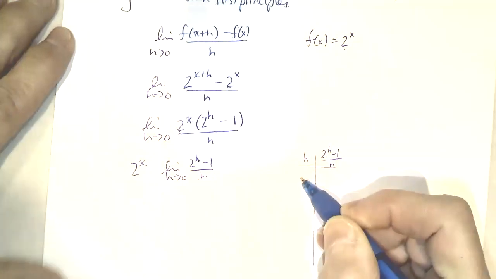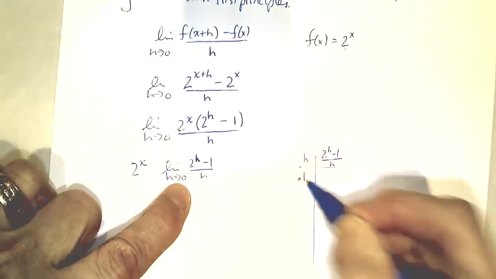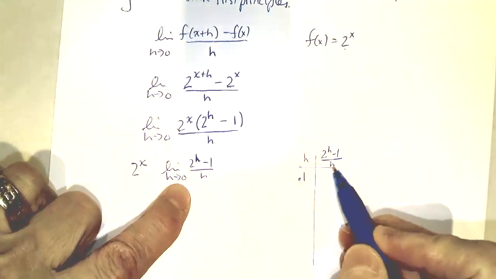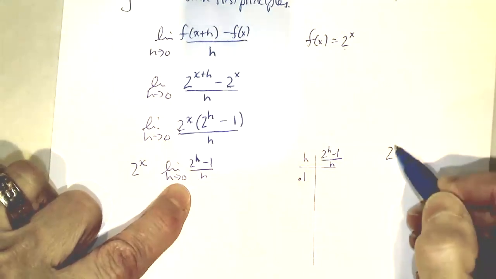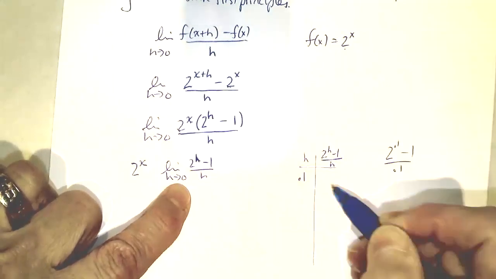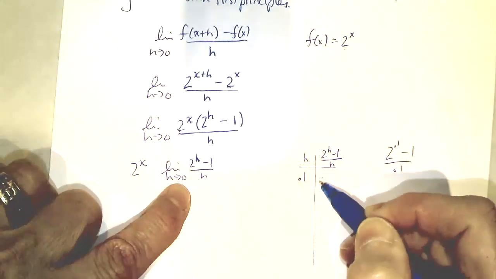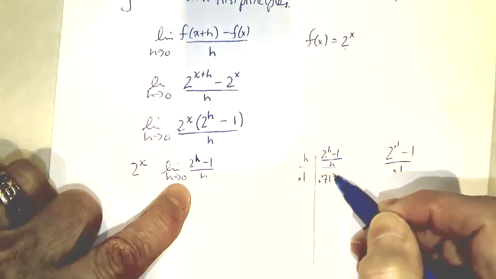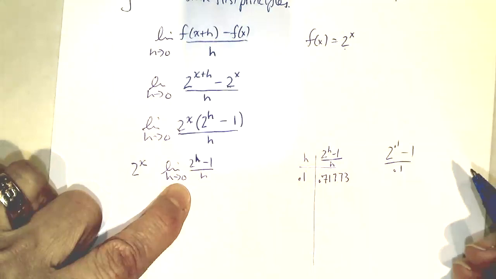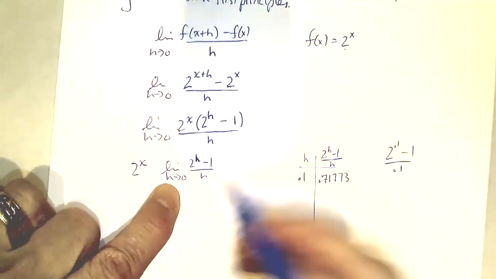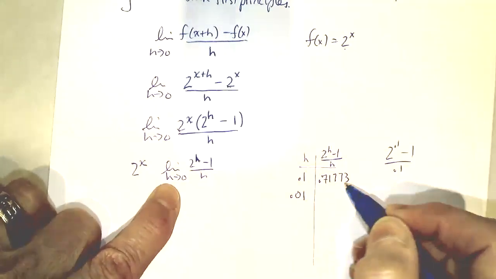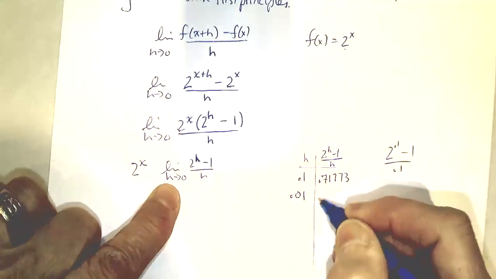So I'm going to take a small number that's pretty close to 0, like 0.1. I'm going to pop it in and work out what 2 to the 0.1 minus 1 over 0.1 is, and because I'm a genius and I know it's 0.71773. I'm then going to take another number even closer to 0, like 0.01, and see what value I get.